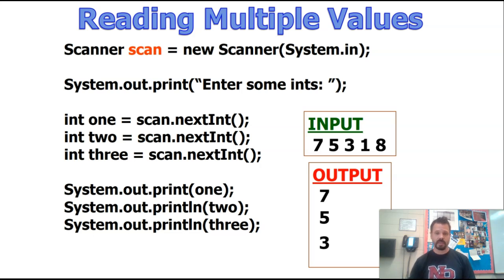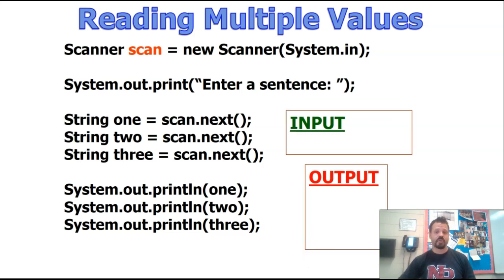And then this 1 and this 8 would be waiting in my input stream, and I could do something with those later, or I could disregard them by just doing a scan.nextLine, and that would clear those out. Okay, so that's how you can grab multiple numbers from the same input statement. As long as they're separated by spaces, this will work.